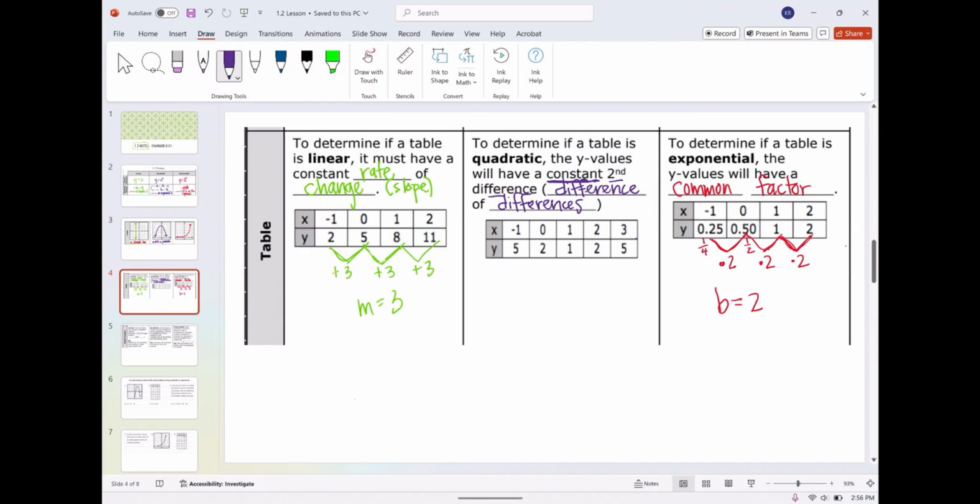Well, let's first look at what's happening in the first difference, right? So our x values are just going up by 1, so that's good. Now we want to check what's happening from this y value to this one. So to go from 5 to 2, well, that's subtracting 3, so that's a minus 3. To go from 2 to 1, that's a subtract 1.